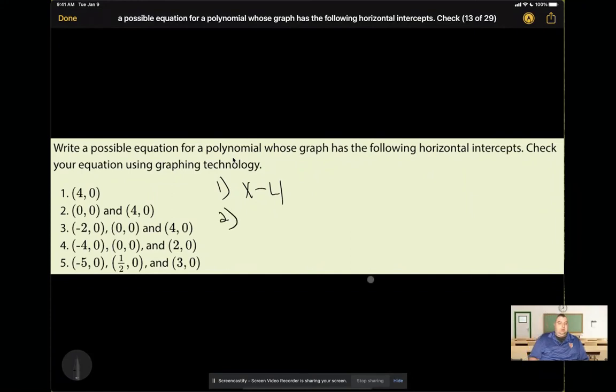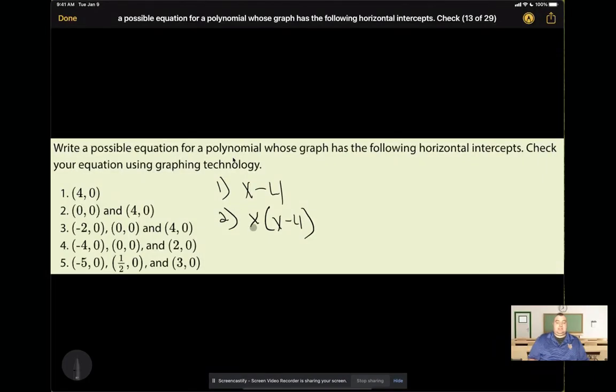Number 2, I have an x-intercept of 0. Remember we talked about in the lesson notes, if the x-intercept is 0, then our corresponding factor is just simply x. And then an x-intercept of 4, then my factor would be x minus 4, just like in number 1.